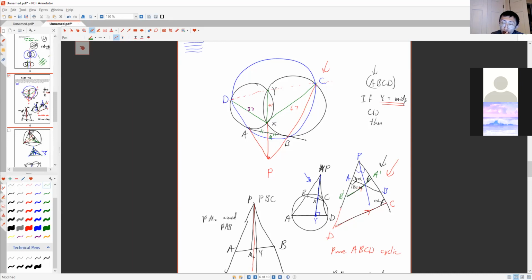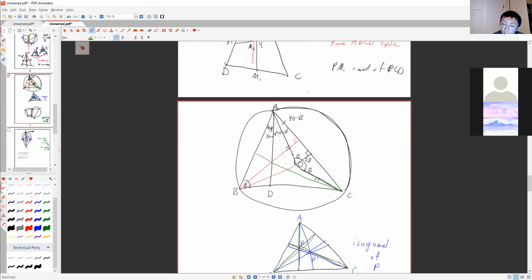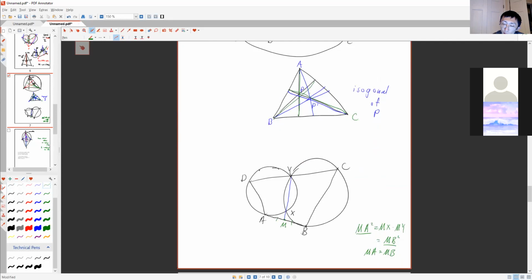I also think that there might be a cyclic quadrilateral here, like PAXB might be cyclic, but would that always be true? So we know that by the radical axis theorem, these 3 lines are concurrent at the same point.